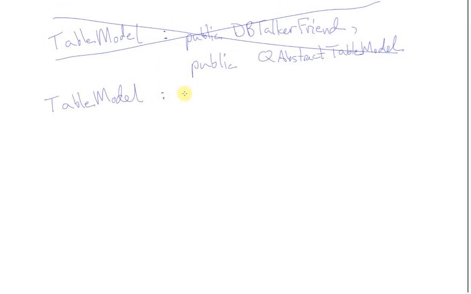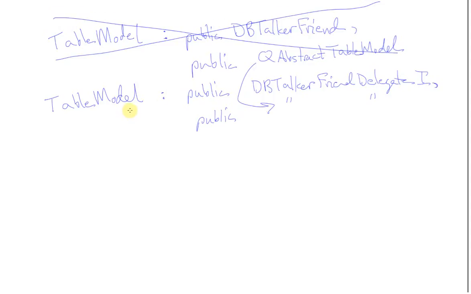So maybe have table model inherit a DB Talker friend delegate interface, and of course the same here with the Q abstract table model. I don't want to explain the delegate pattern fully. This is my presentation here, I need to wrap it up.